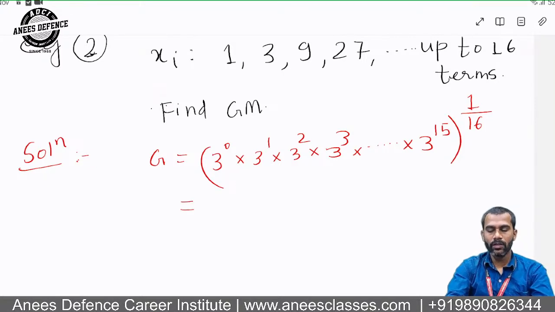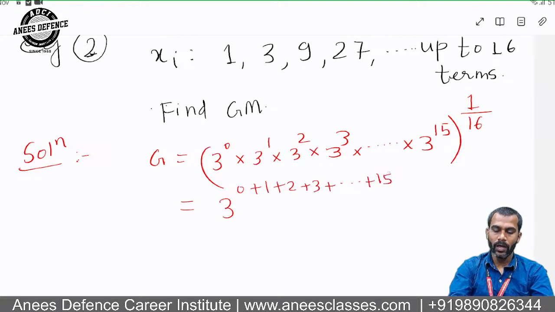So I need to just add all of them since the bases are the same. So 3 raised to 0 plus 1 plus 2 plus 3 up to 15, and into 1 by 16. Yes or no? So everything is in the power of 3.